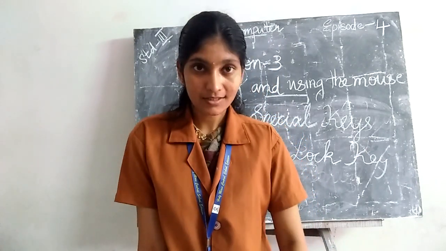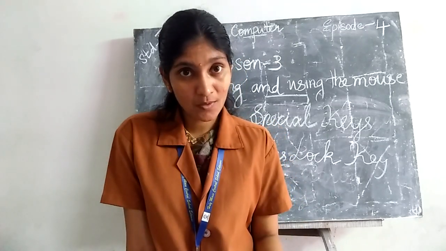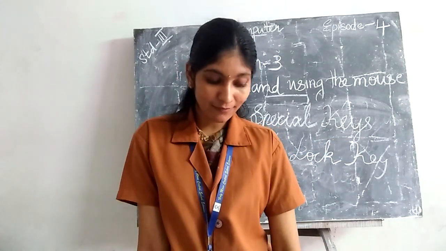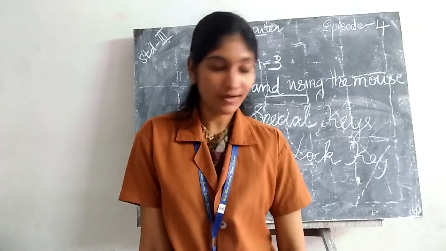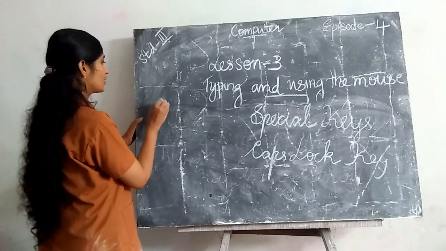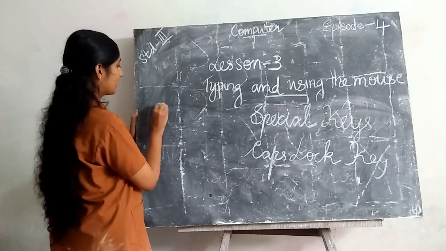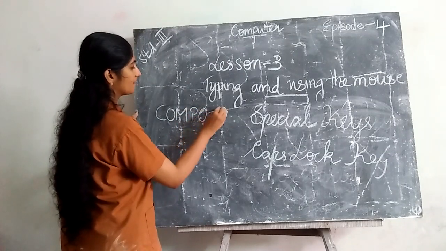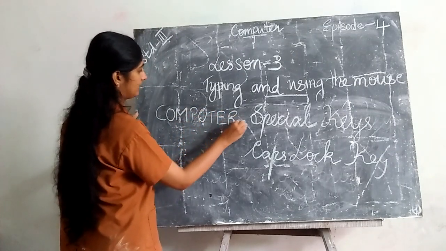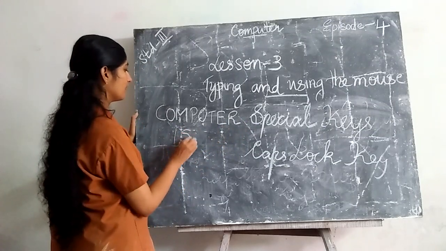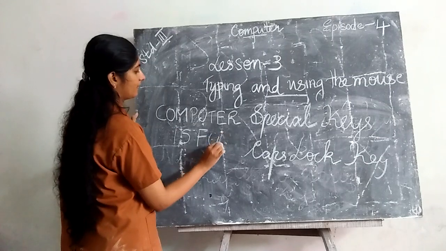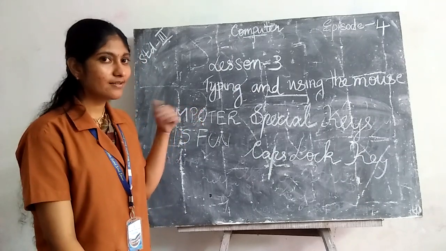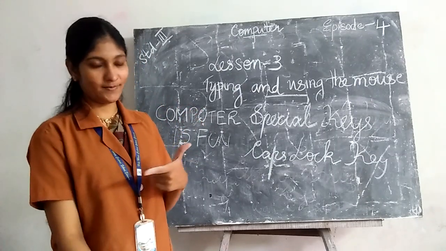There is an example in your textbooks. Computer is fun. When we press the caps lock key, the sentence will be in capital letters. That's why the first picture shows COMPUTER IS FUN. Then when we press the caps lock button again, the text will be in small letters, right?